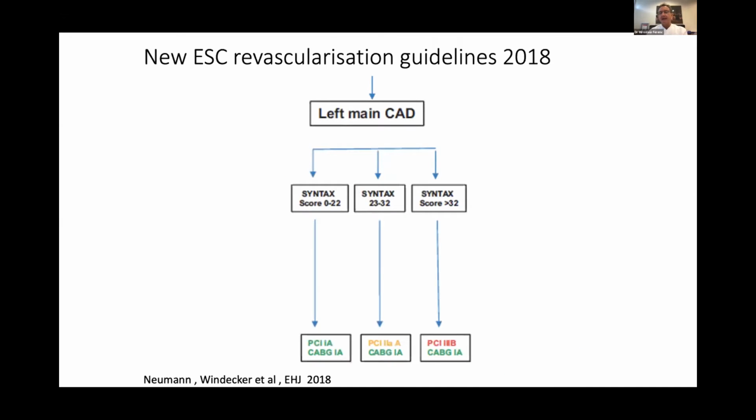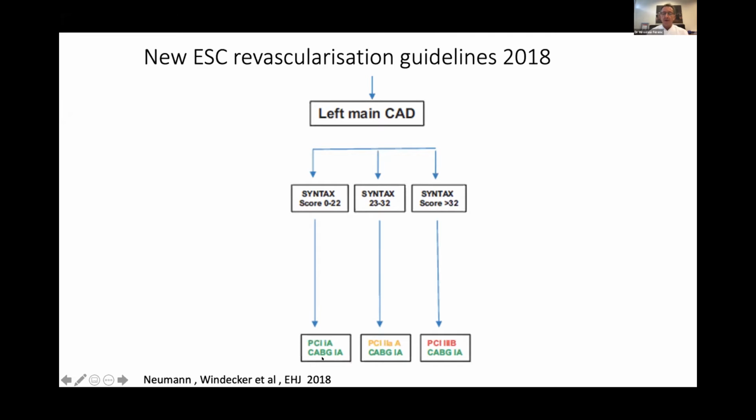As Professor Taggart already mentioned, we have a very clear European guidelines message, and our clinical director, Professor Neumann from this center, was primary author of the guidelines. If we take into account patients with left main stenosis, there is a green light for PCI if the SYNTAX score is below 22.